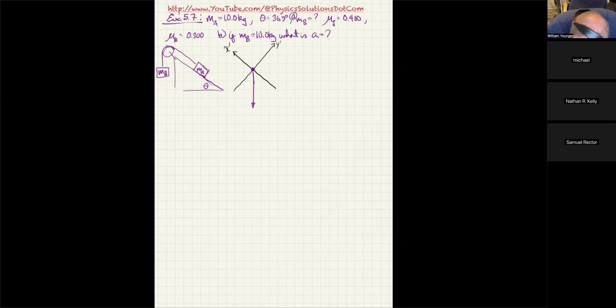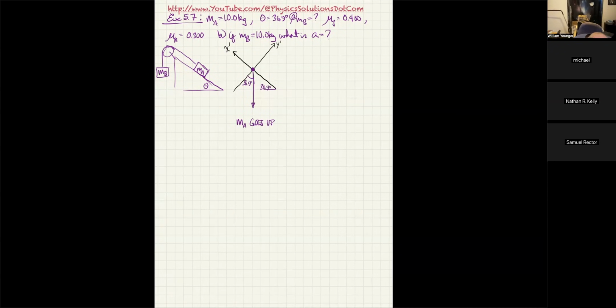Okay, so this is M_A goes up again. This angle right here is 36.9 degrees. And of course, that means this angle, from the argument we just made, is also 36.9 degrees.